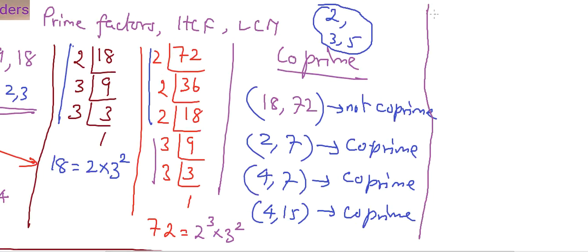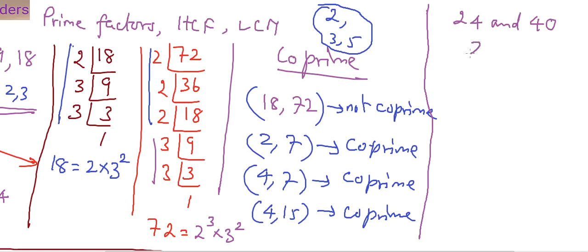So let's say we need to find the HCF and LCM of 24 and, let's say, 40. Here we can use the common division method.